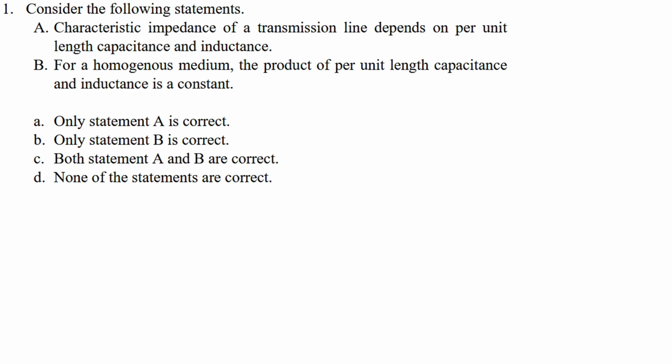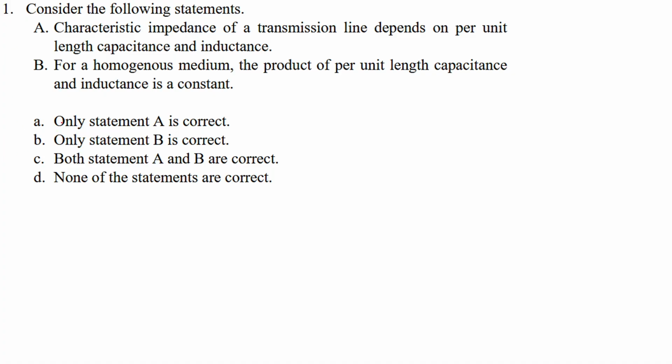That means its permittivity remains the same. So it is saying that for a homogeneous medium, in the sense that the dielectric medium remains the same, the product of per unit length capacitance and inductance is a constant. I hope you got the idea.